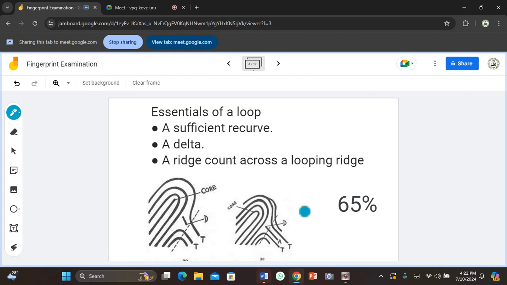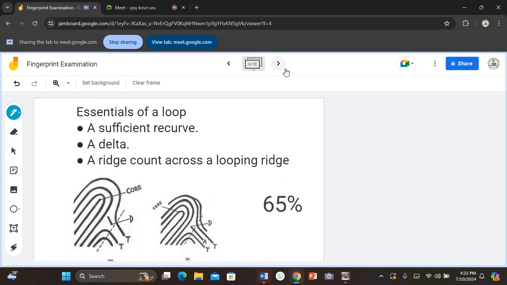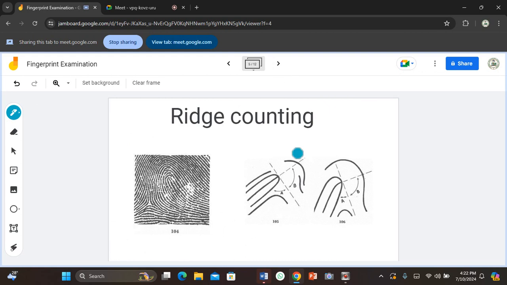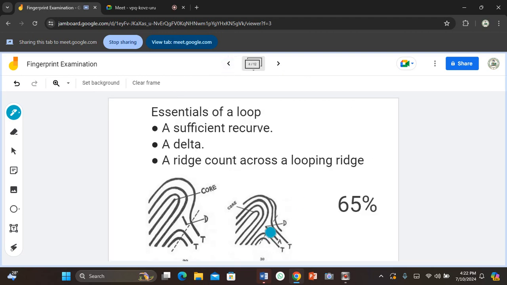Now, let's move further to ridge count. Ridge counting: after identifying your delta, assuming this is our delta here for this figure, to get the ridge count, what we do is count the number of ridges between the delta and the core.